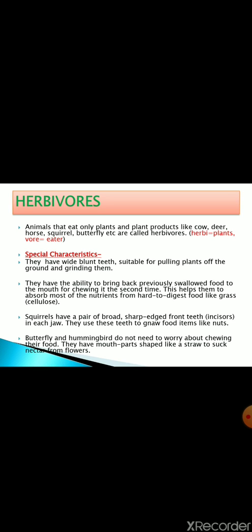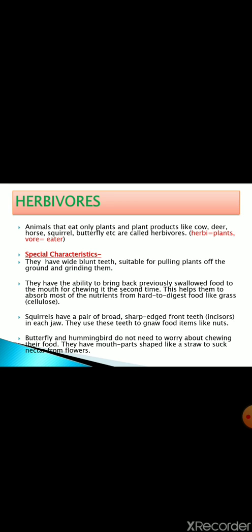Next thing, what is important for the herbivores? They have the ability to bring back previously swallowed food to the mouth for chewing a second time. You must have seen that sometimes cows, buffaloes, when they are sitting, they keep on gnawing and some froth-type thing comes from their mouth. At that time, they are actually bringing back the previously swallowed food.